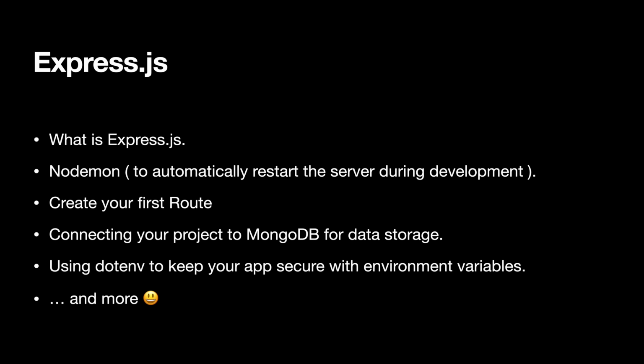Also, you'll be able to create your first route in Express, connect your project to MongoDB for data storage, and use dotenv to keep your app secure with environment variables, and more practical skills to start building real applications. By the end of this section, you will be comfortable working with Express.js and ready to move on to building more advanced features.